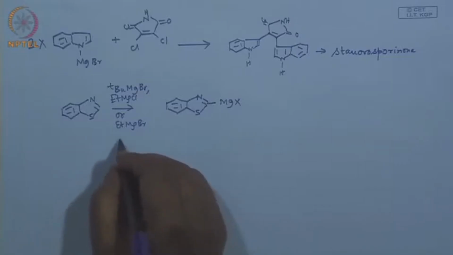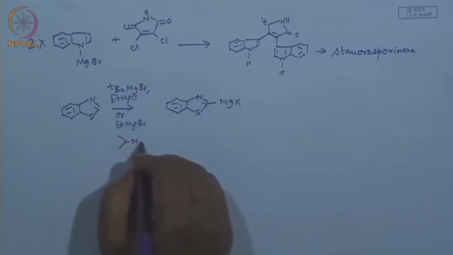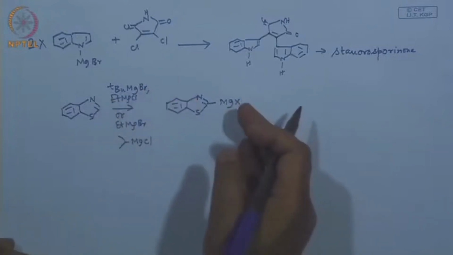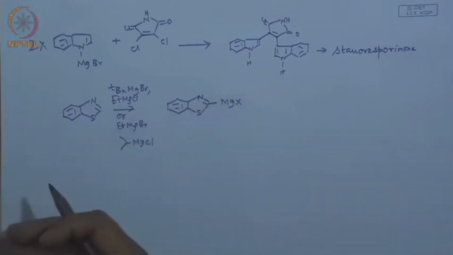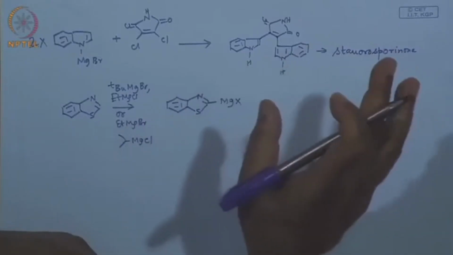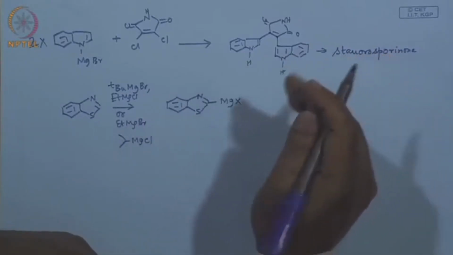There are many instances where you can also use a very popular reagent, isopropyl magnesium chloride. The reason is that it is readily available; isopropyl chloride is cheaper than many other halogenating agents. So, one of these would do. Then once you have this, you can go to the rest of the typical reactions of the organomagnesium compound.